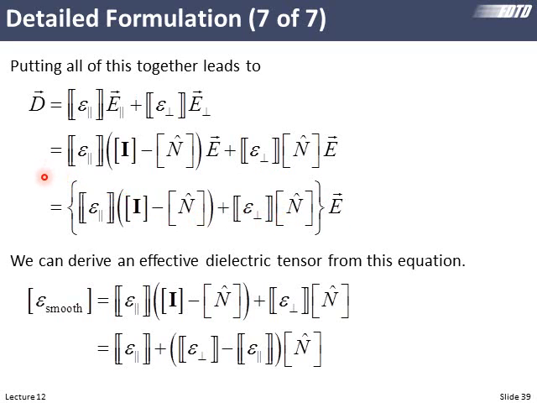Remember, the original constitutive relation was D equals epsilon times E. So what is in curly brackets here now is a modified version of epsilon. So our smooth epsilon is now the standard blurred epsilon times this matrix plus the double reciprocal blurred epsilon times this matrix. Doing a little bit more algebra to simplify down, we end up here.